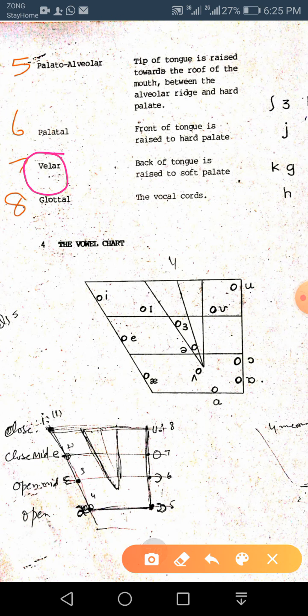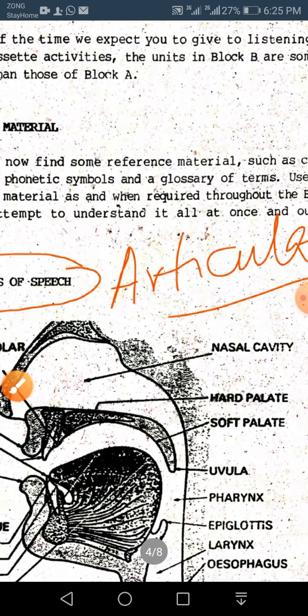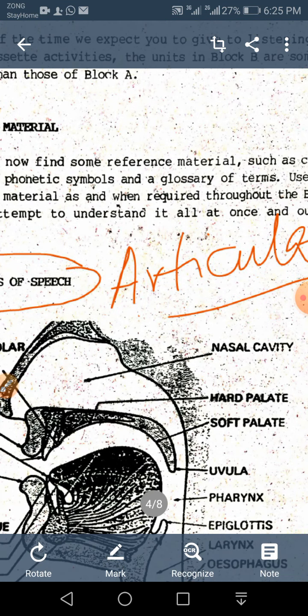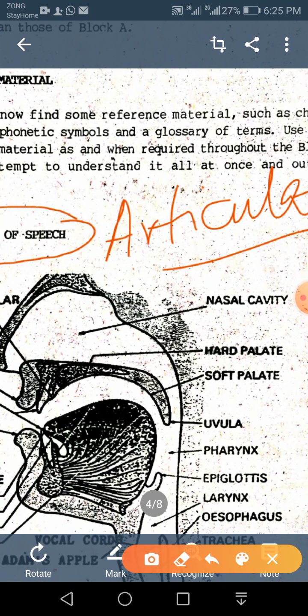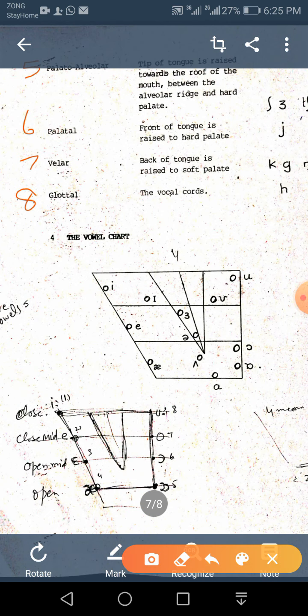Now velar means velum or soft palate. Let me show you the area. This area is known as the soft palate or velum. The back of the tongue is raised to this, and as you can see here, the back of the tongue is raised to the soft palate.